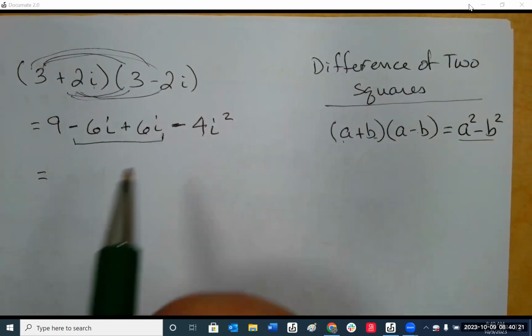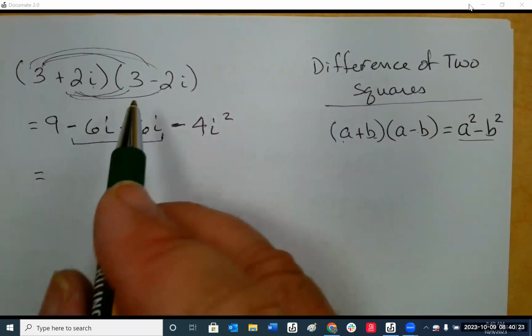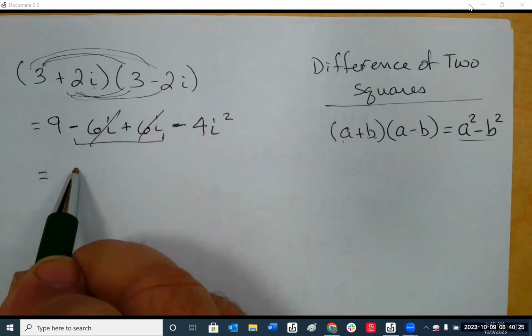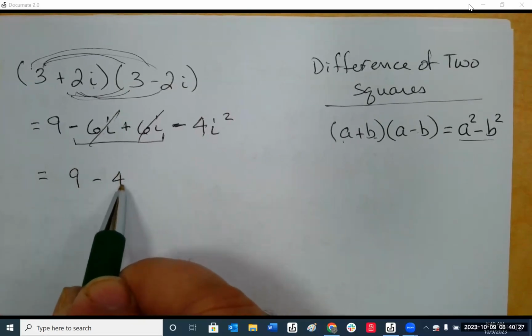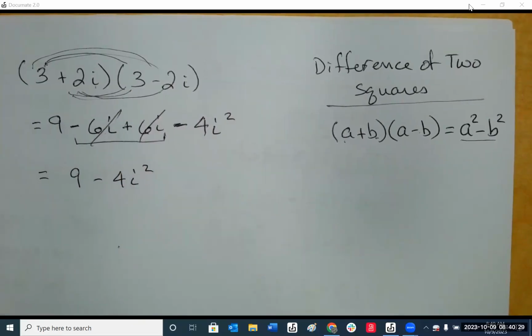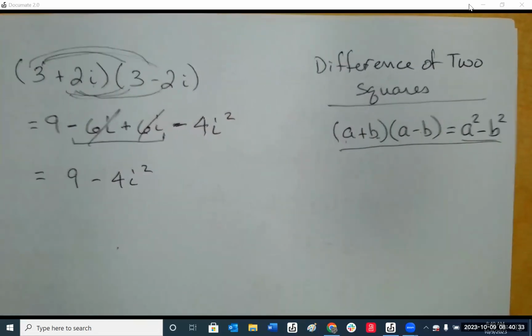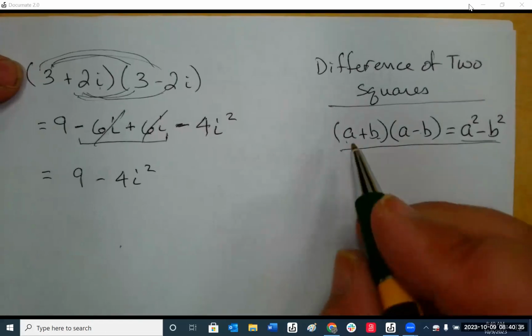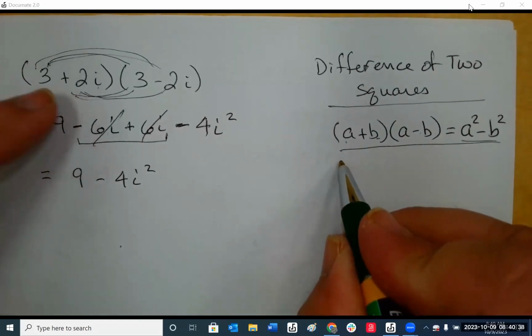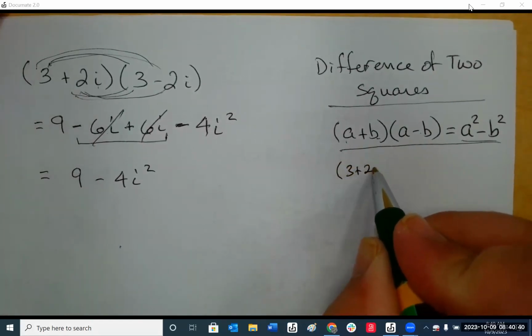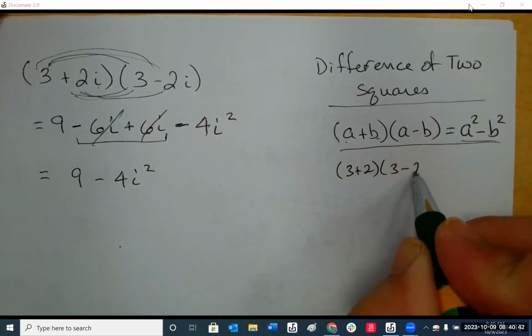Notice in the middle, it's the same numbers but different signs. They're gone. There is the example of this proof. Because if we just look at the numbers, we have 3 plus 2, 3 minus 2.